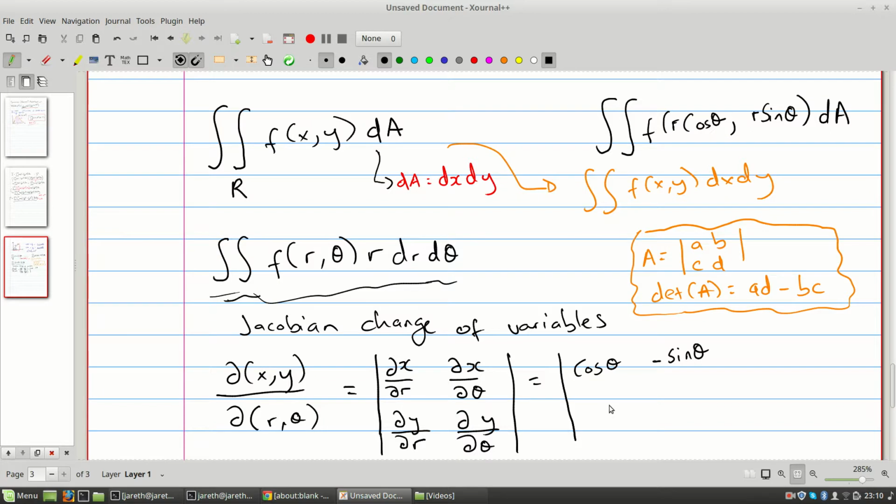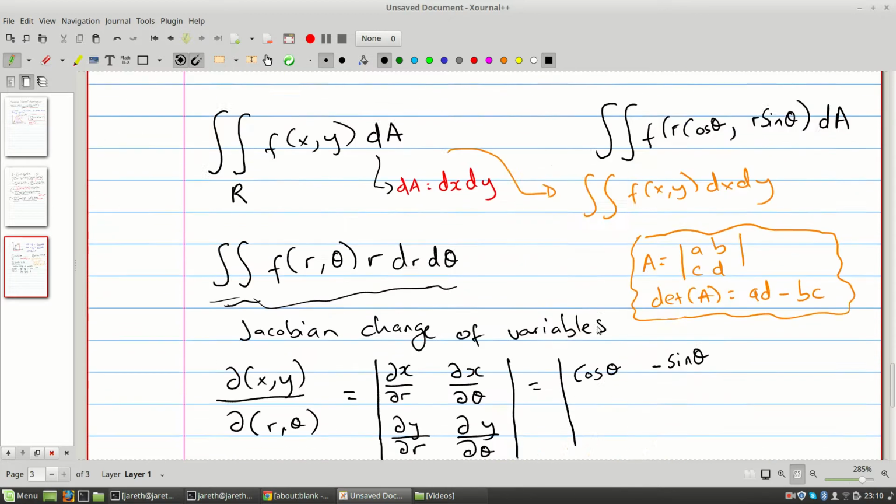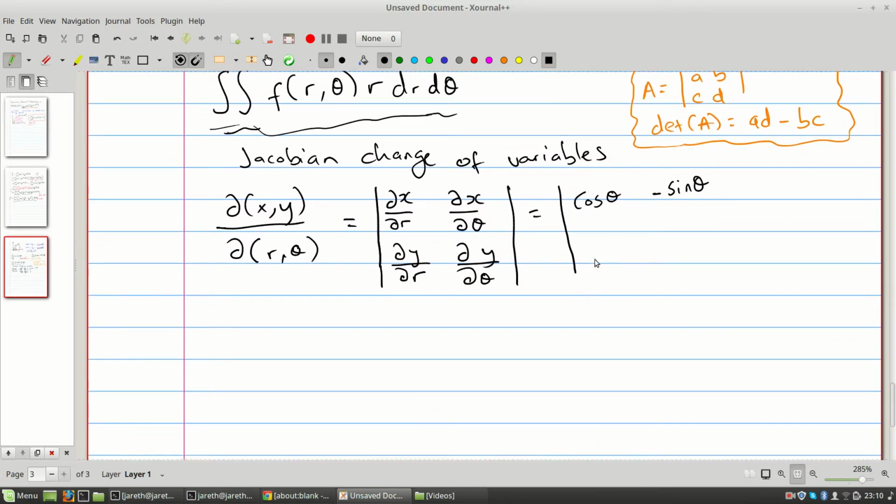And then over here we've got the derivative of y with respect to r. Sorry, I made a mistake here. This is minus r sine theta. I forgot the r for this part. And then this is sine theta, and this is r cosine theta.